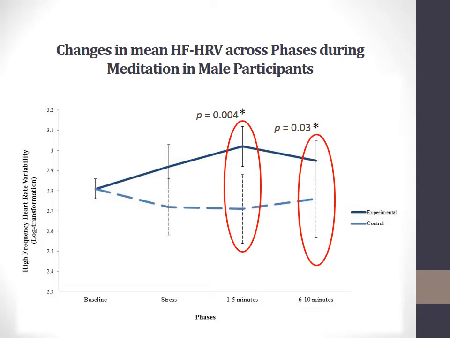But what we can see is that there are statistically significant differences between the experimental and the control groups. So this is suggesting that, in fact, the experimental condition was more effective at reducing stress than the non-experimental condition.